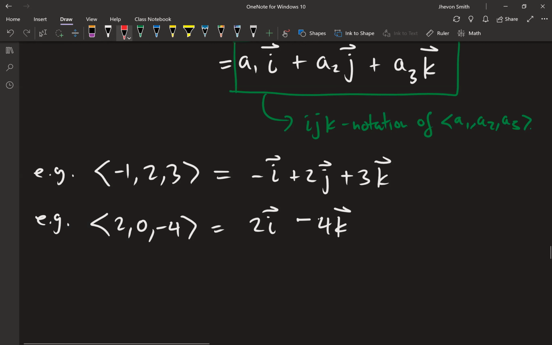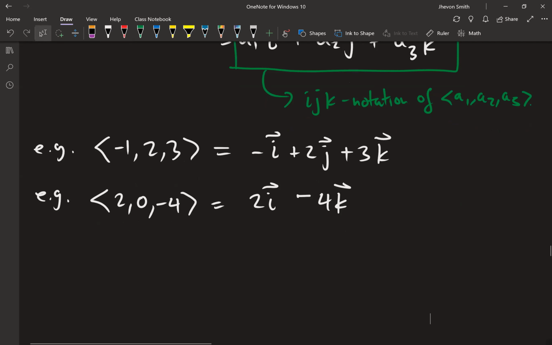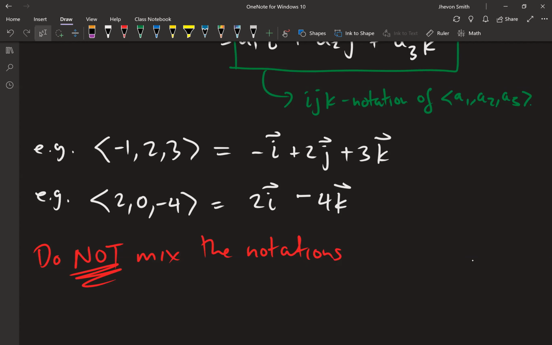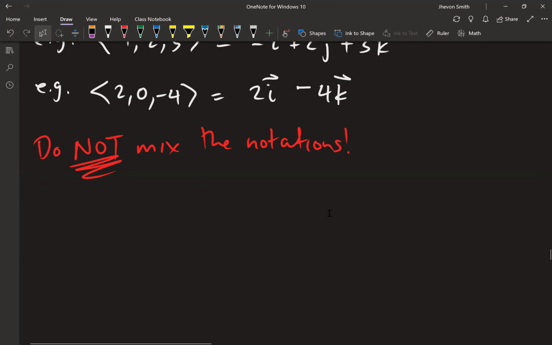Now, one thing that I mentioned earlier is that you do not want to mix up these notations. So do not mix the notations. Either you're going to write ijk notation or you're going to write the component notation, one or the other, right?